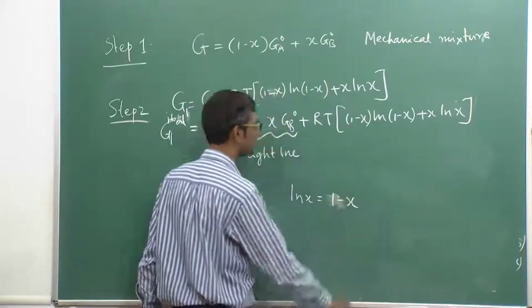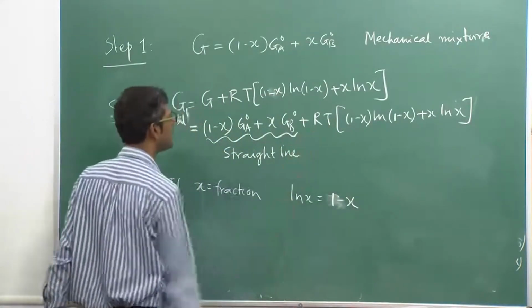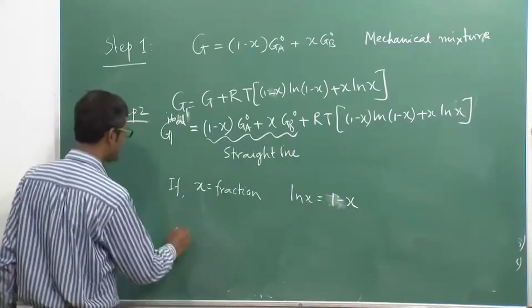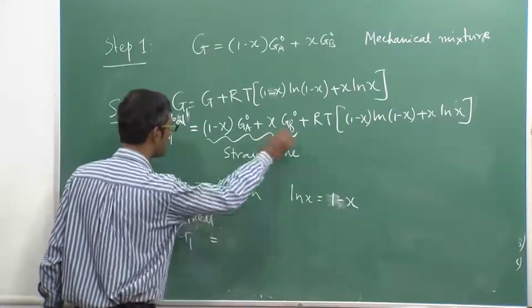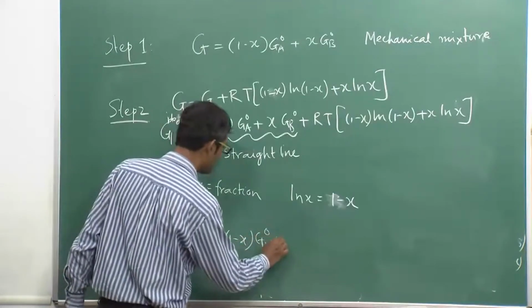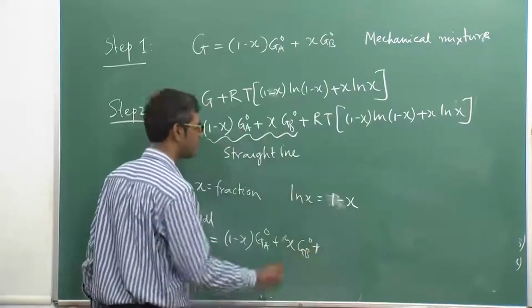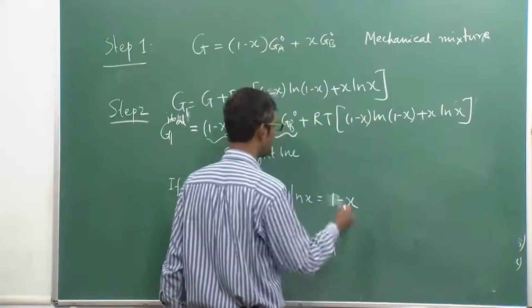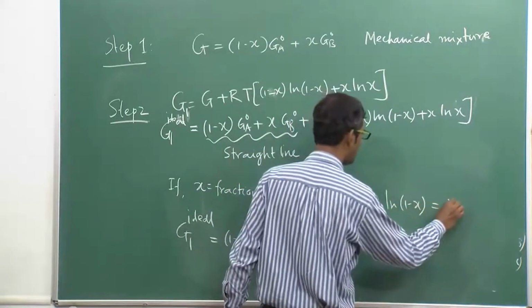So, using that analogy, the equation G1 ideal can be written as the straight line function (1 minus x) GA0 plus x GB0 plus RT, where log of 1 minus x is nothing but x again.